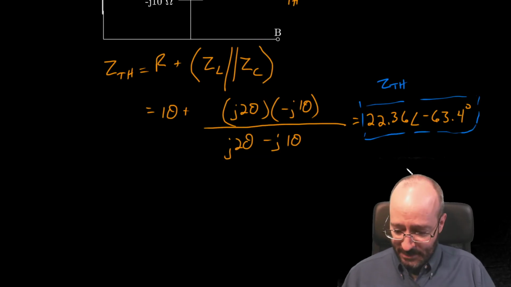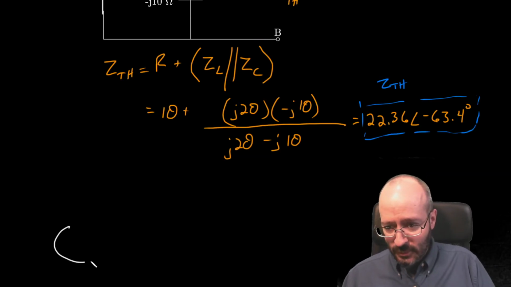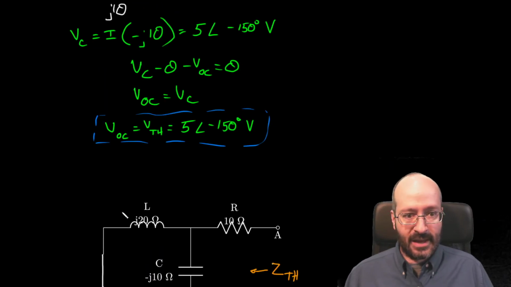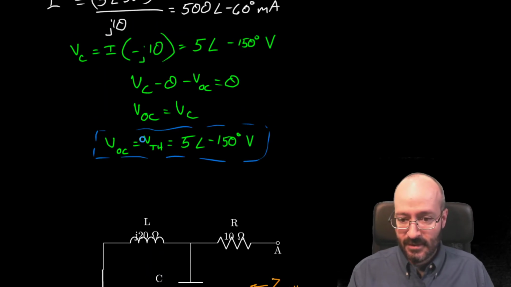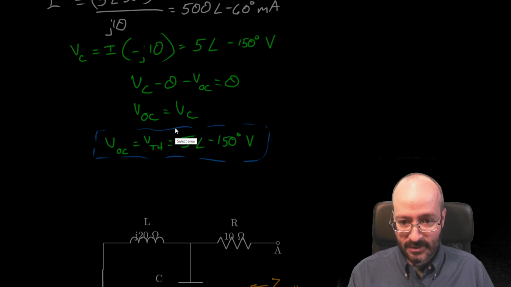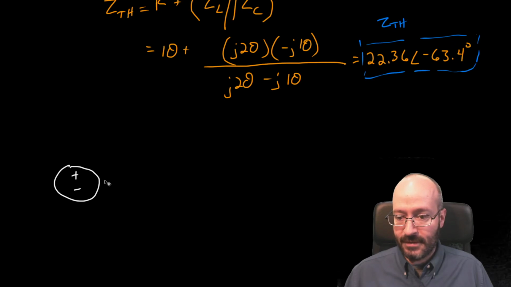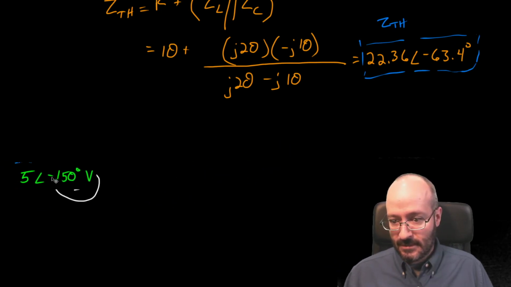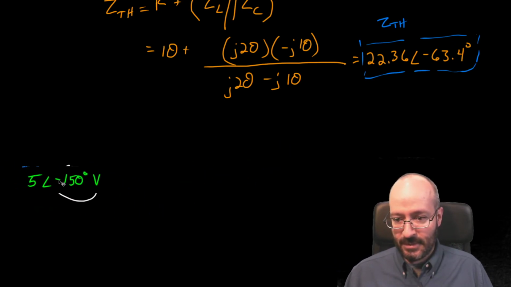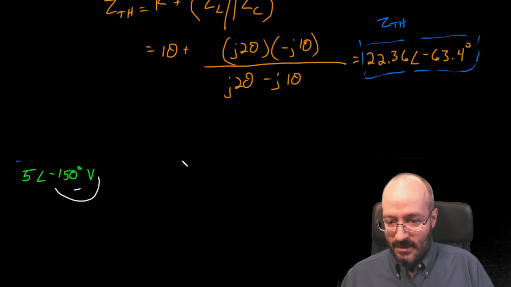And then we just have to put them back together, right? So we draw them. It's going to be a voltage supply that looks like that. Where's V Thevenin? Okay, so I'm going to come grab this: 5 at an angle of -150. I didn't leave myself enough room. I made some decisions, and now I have to live with it.